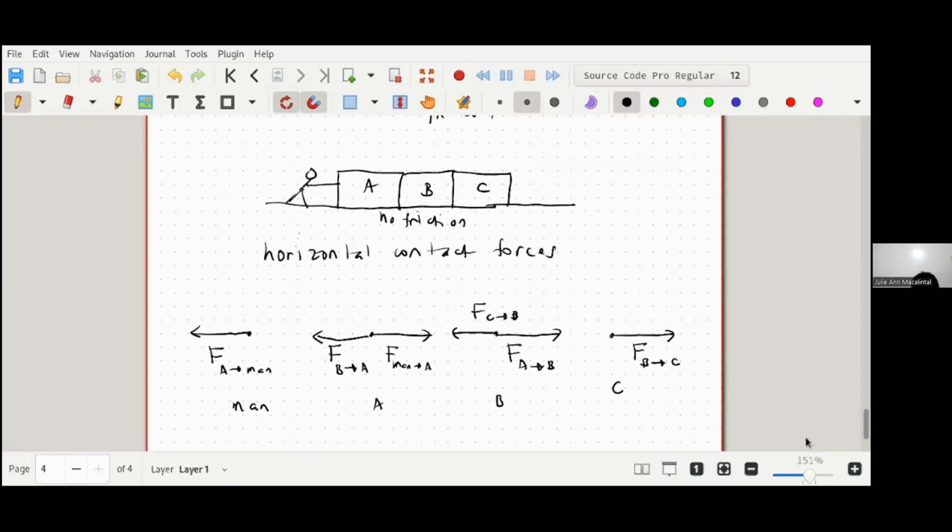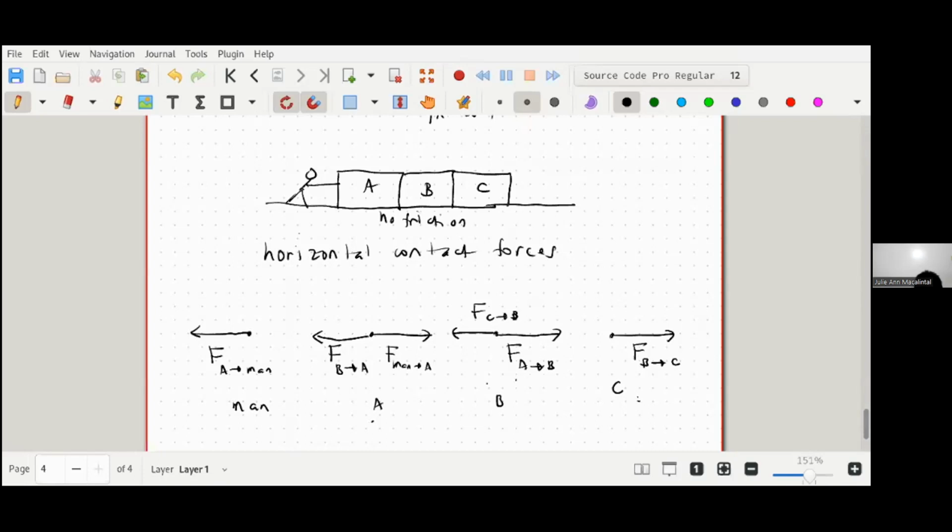Separated sila. Pag hindi sila adjacent, walang contact forces. So the pushing force from the man will only act on A. Tapos, yung C, isa lang yung nararamdaman from B. So ito na yung tamang forces, at least with the directions.